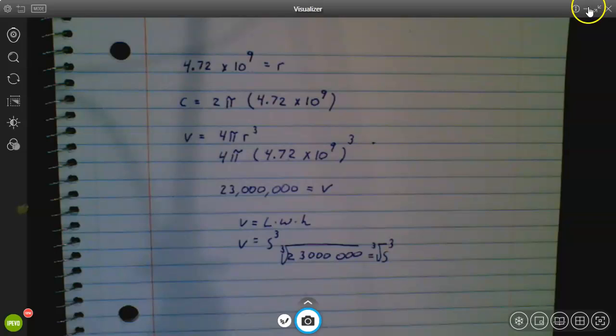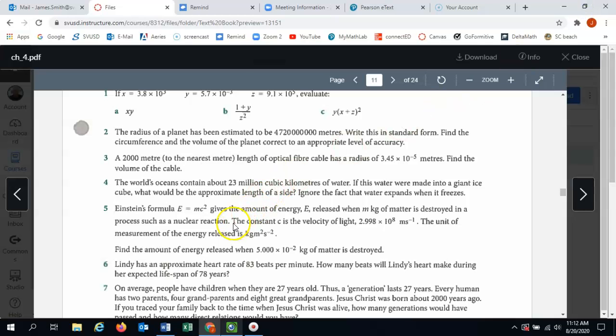And then let me jump back real quick. So again, they're giving me a formula right here. We just need to plug in the information. So let's see, C is this. So you're going to take that number, plug it right on in there for C. Let's see, the unit of measurement of energy released.